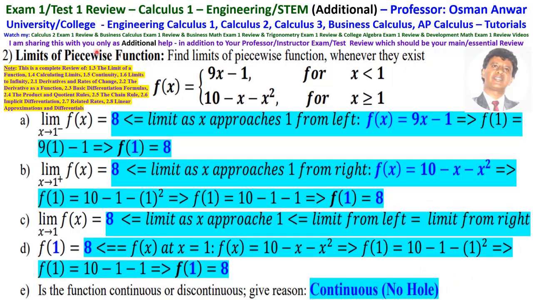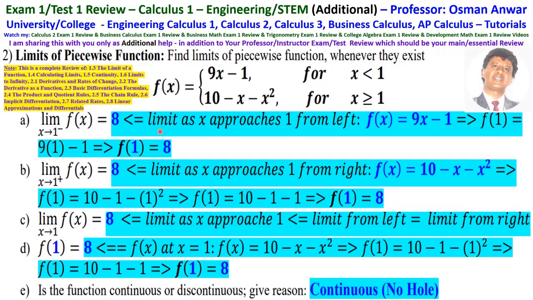Number 2 is limit of piecewise function f of x equals 9x minus 1 for x less than 1, and f of x is equal to 10 minus x squared for x greater than or equal to 1.